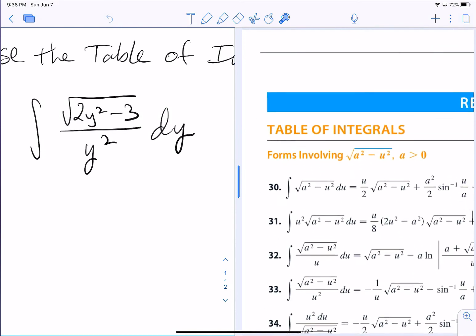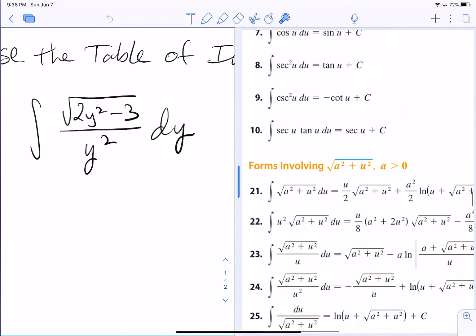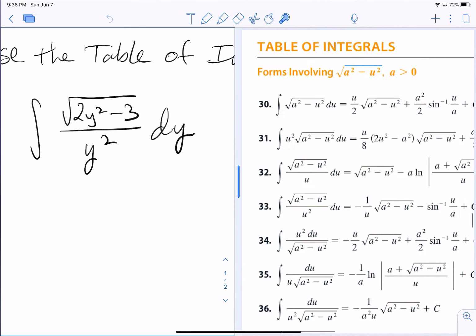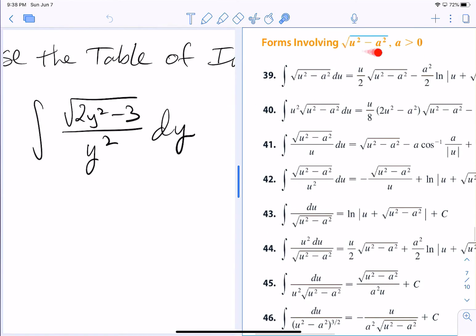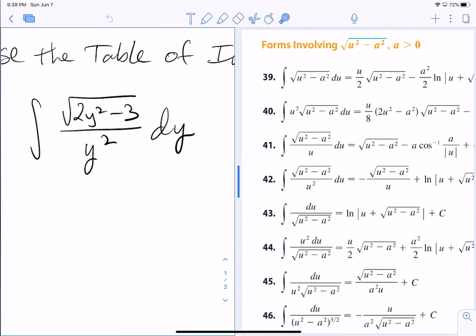I think this is what we want. Folks, our choices were square root of a squared minus u squared, square root of a squared plus u squared. But I think that the square root of u squared minus a squared best fits what we're looking at over here on the left.